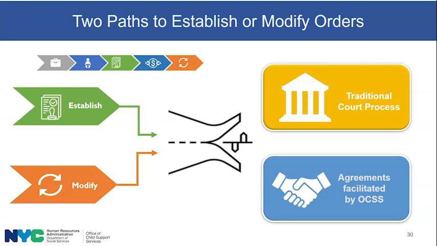And over the length of a child support case, which can go on for a long time, the age of emancipation, as we'll talk about in a moment, in New York State is 21. So if a child support case starts when the child is 2, we're going to have a 19-year relationship with the CP and the NCP, and it's quite likely that the order will be modified several times during that 19-year period.